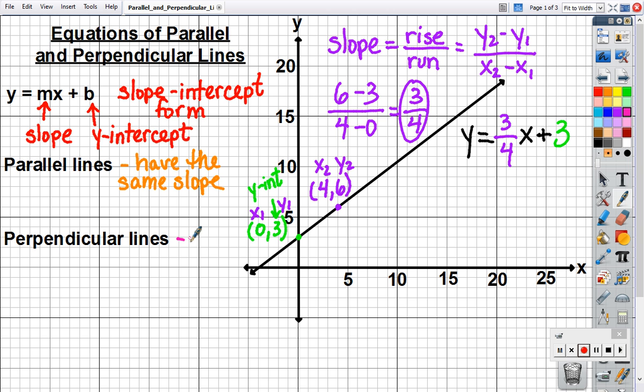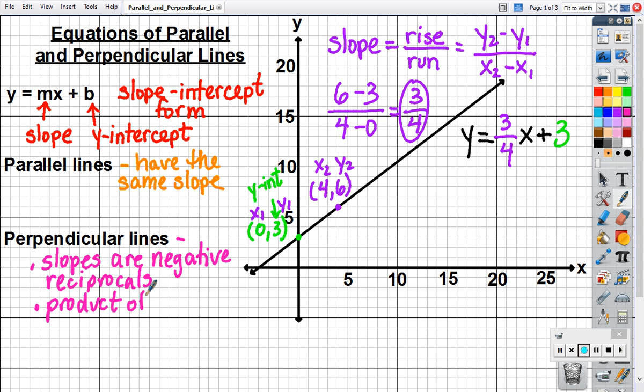For perpendicular lines, we know that the slopes are negative reciprocals. Another way to write this is that the product of slopes is negative 1.